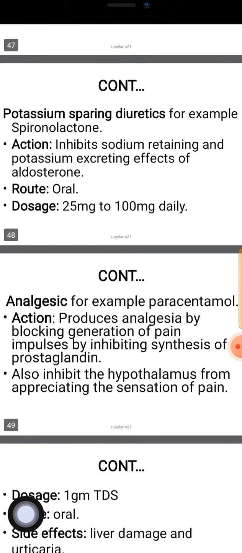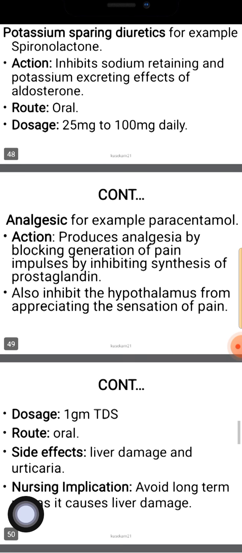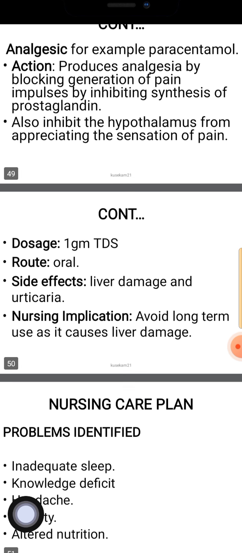The potassium sparing diuretics, analgesics. This patient is in pain, so we need to relieve pain. So you give analgesics, for example paracetamol, which will block the generation of pain. When you give paracetamol, it goes direct to the pain receptors and blocks them, so that there won't be transmission of pain.